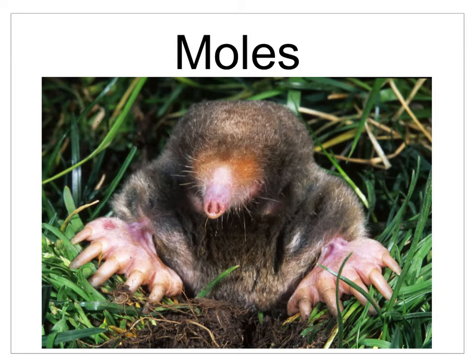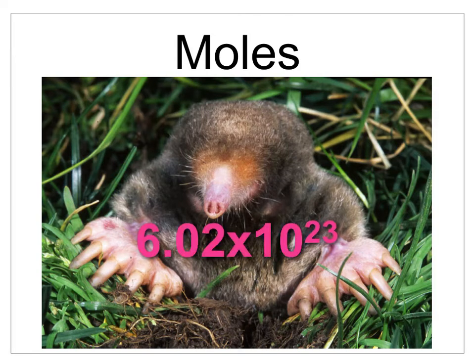So the mole is a counting unit, one that chemists use, much like a baker uses the unit dozen to denote a fixed number of items. Whereas a dozen denotes 12 things, a mole denotes 6.02 times 10 to the 23rd things. This number is called Avogadro's number.